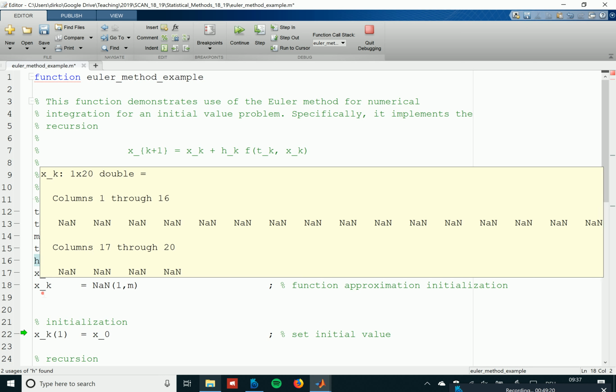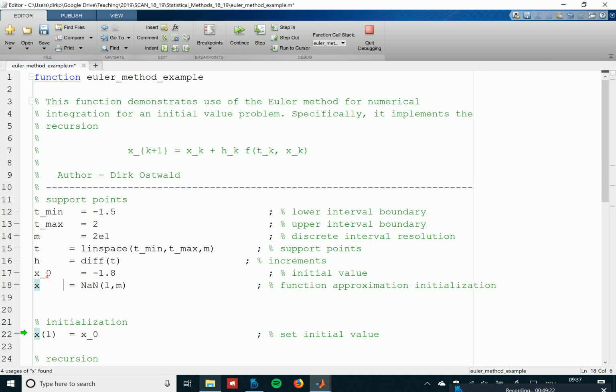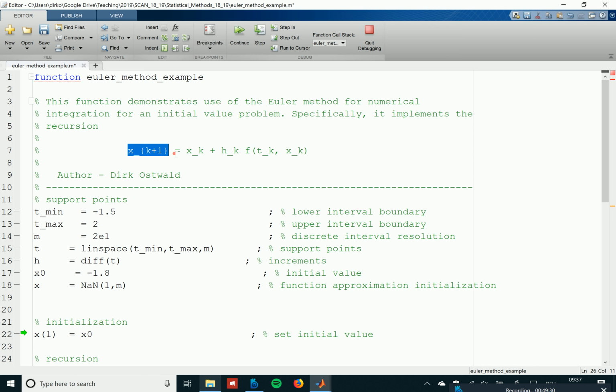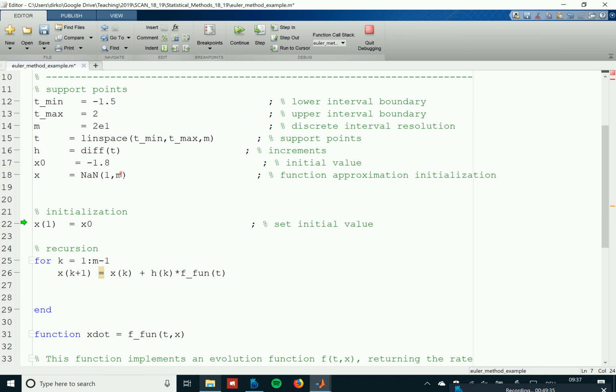A little bit easier to see. So now it looks a little bit more like it does here. So xk plus 1 equals xk plus hk times fun, time at k and x at k.